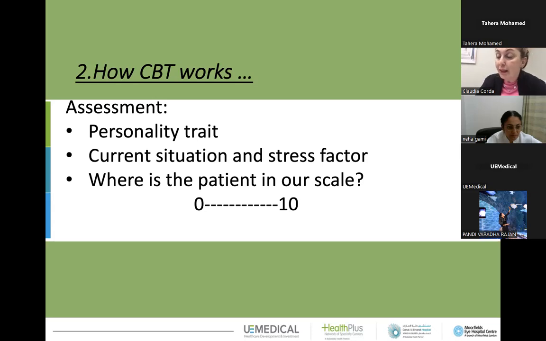So considering the type of personality and the current situation, what the patient is experiencing in this moment, we need to ask ourselves, where is the patient in our scale from 0 to 10? We will find people that are absolutely under stress and dysfunctional. We will give them 7, 8. There are people that are slightly under stress, but still impairing their life, still not functioning. So they will have a 5, 6, 7.